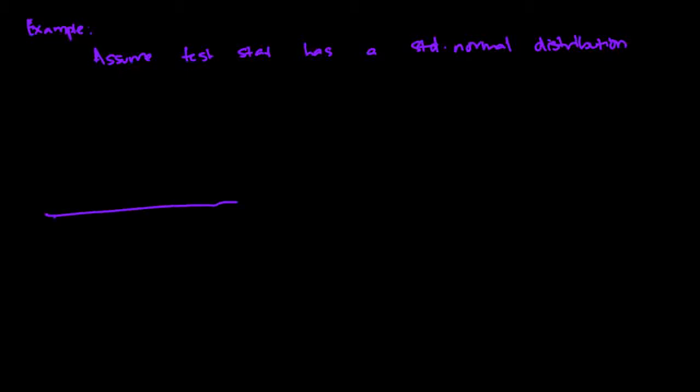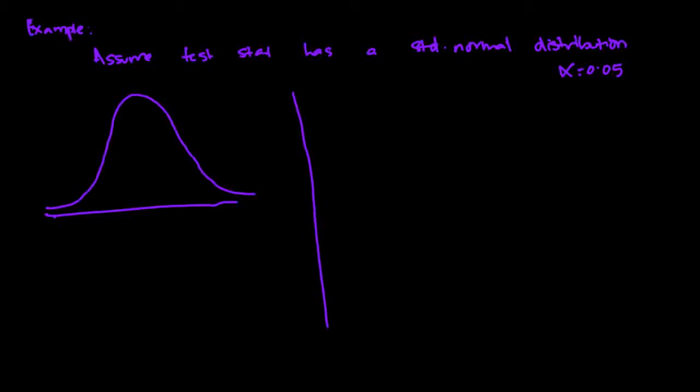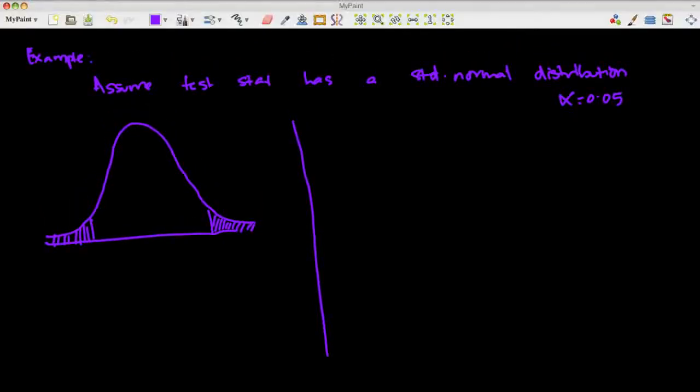If you look at a two-tailed test, and if I assume that alpha is 0.05, for a two-tailed scenario, I must have rejection regions on both tails. So I have a rejection region on the left, a rejection region on the right, and the critical value is this number right there on the left and the right.